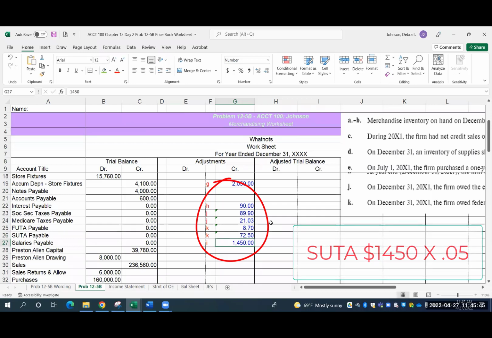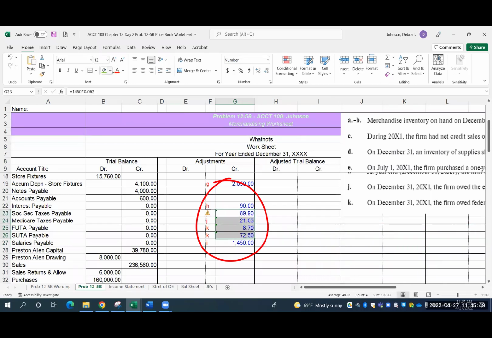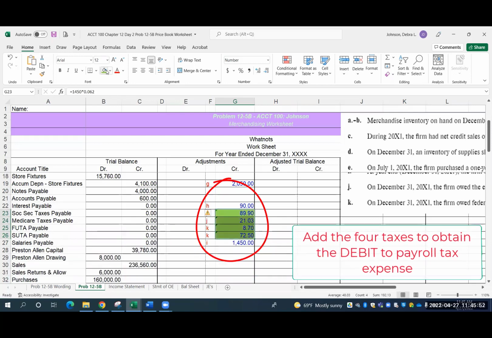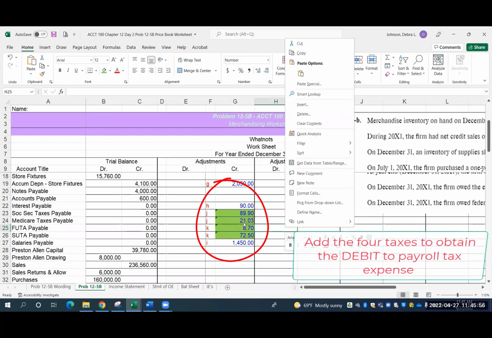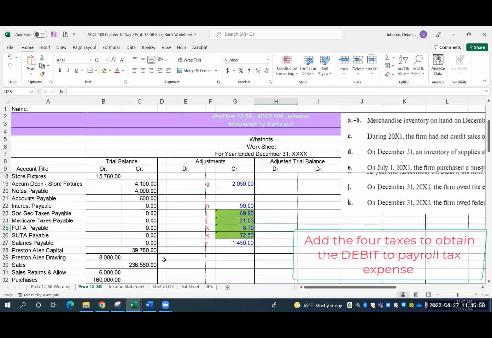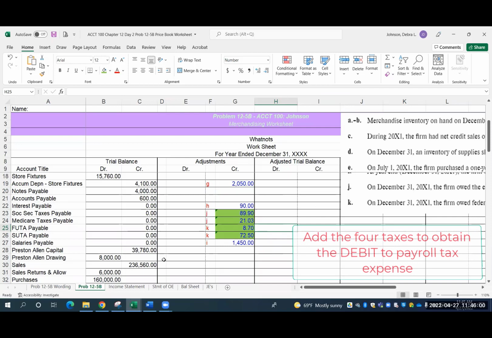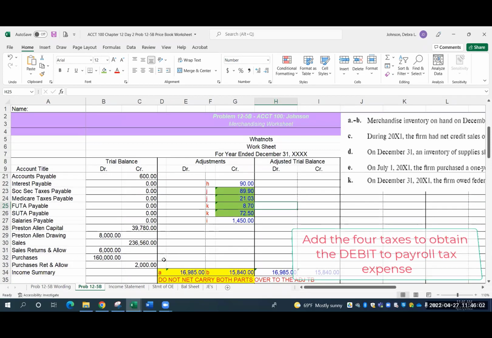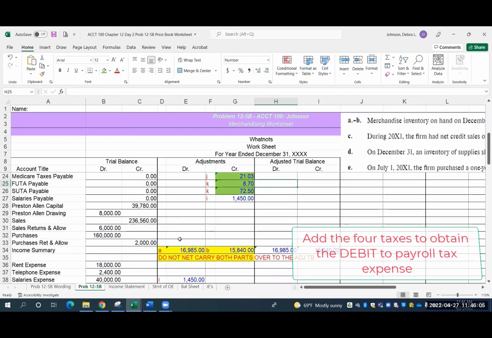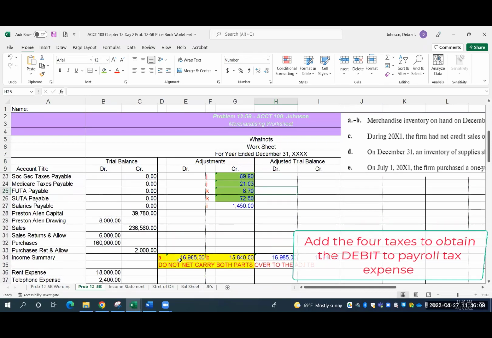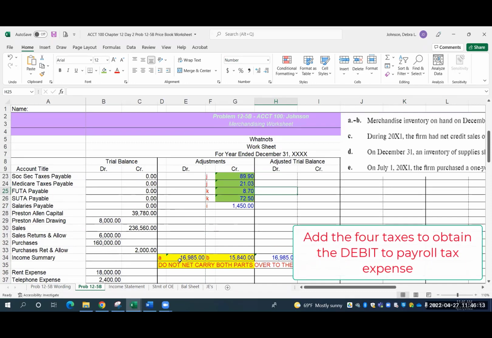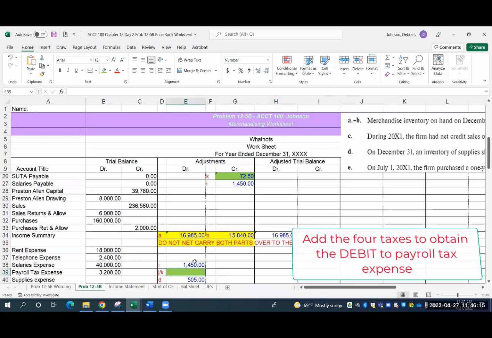And I got 72.50. So when I add those 4 up, those 4 payroll taxes, the 89.90, the 21.03, the 8.70, and the 72.50, that will give me that debit to payroll tax expense, that place where I put the big box at the bottom, this one here. So add up those 4 green numbers, and I got 192.13 when I did that.